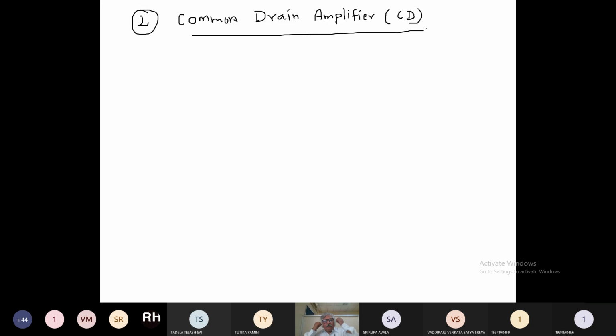Right? So in case of common drain amplifier, I will draw the circuit first here.